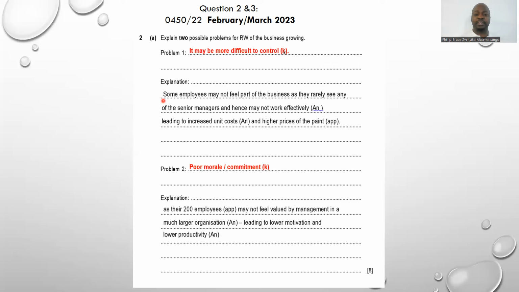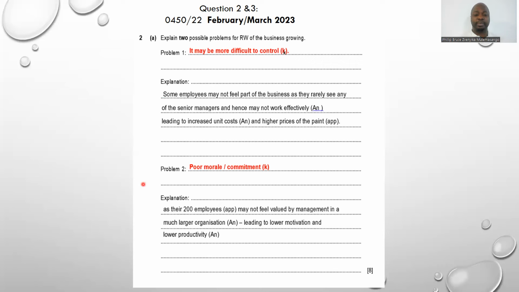So if that happens now, that leads to an increase in unit costs. So that is a good analysis because you have developed analysis in a way that will make you get 2 marks. And higher prices of the paint. By saying that, it shows that you are relating your answer to the scenario, and then you get a mark for application.